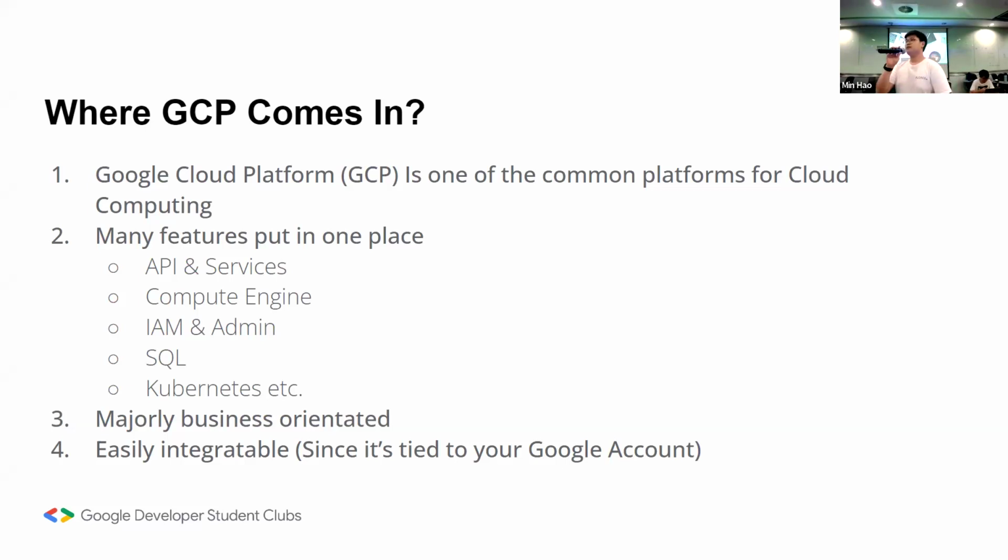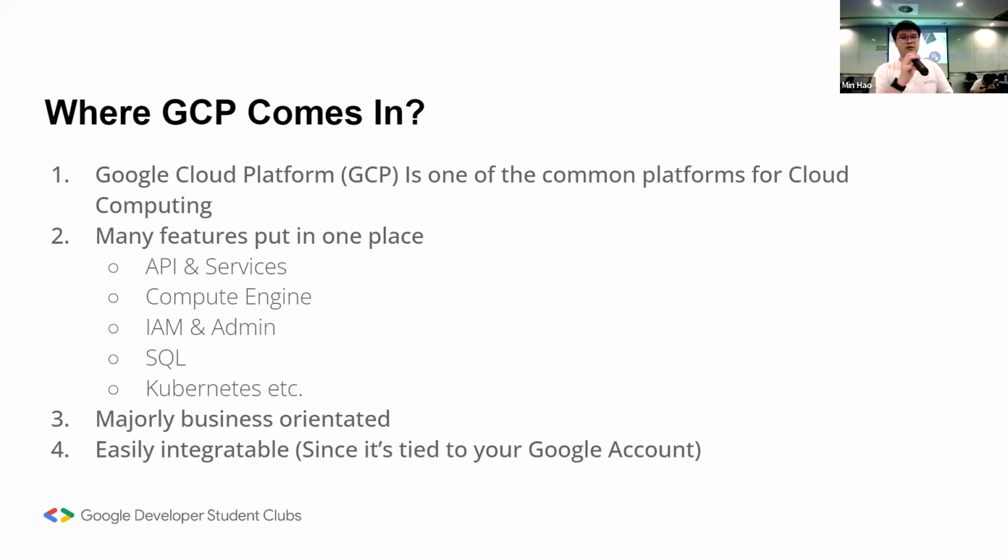In the realm of cloud computing, there are also a lot of solutions out there for you. One of them is the Google Cloud Platform, which is GCP. GCP is one of the common platforms for cloud computing. Other familiar ones would be the AWS service and many other ones.